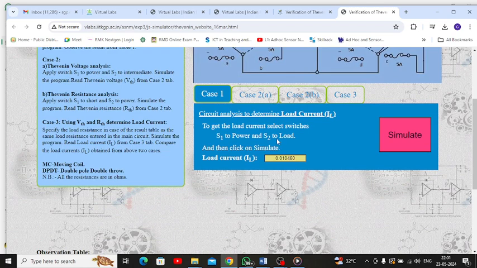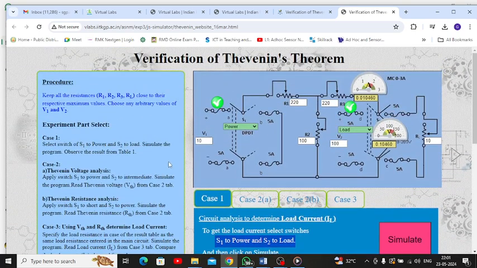So first we get the load current IL by setting S1 to power and S2 to load. Then coming to case 2, I am going to set S1 to power and S2 to the intermediate condition, so that we get the open circuit voltage.